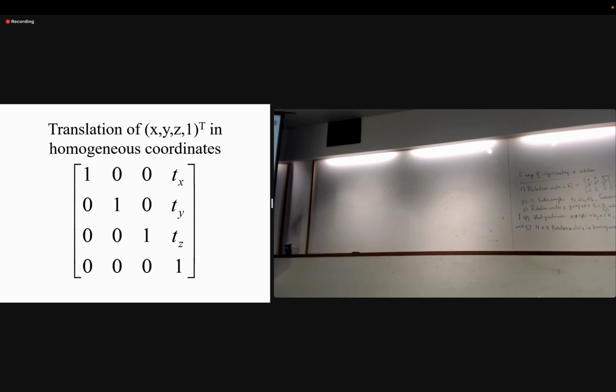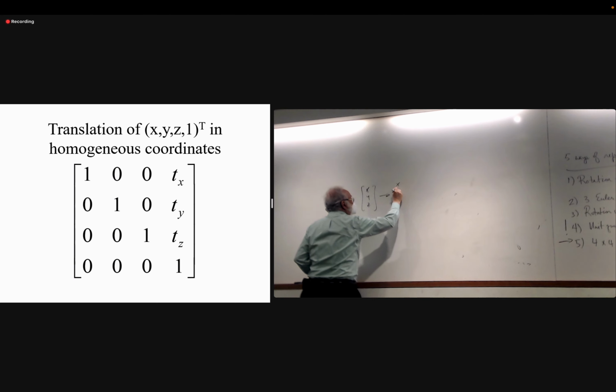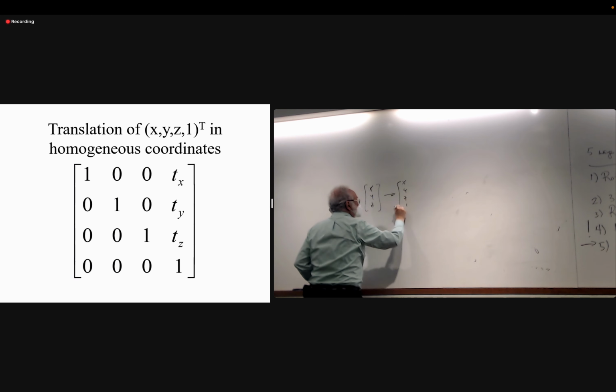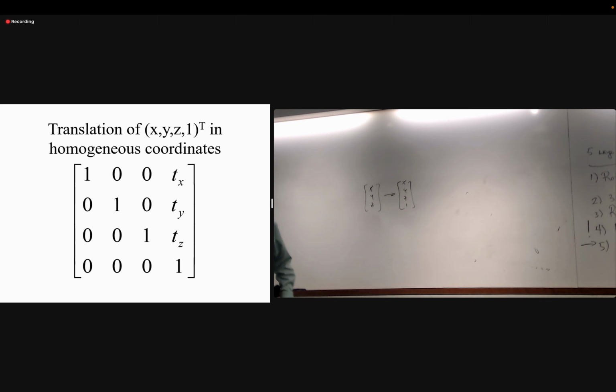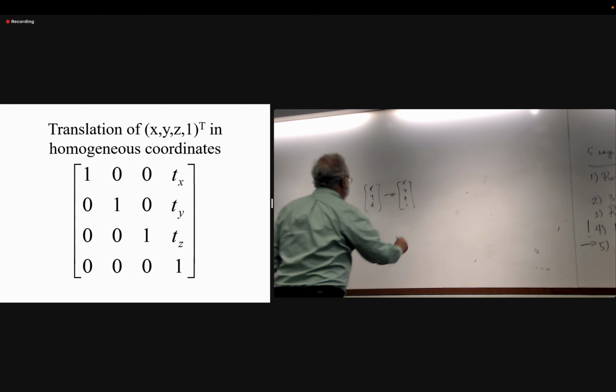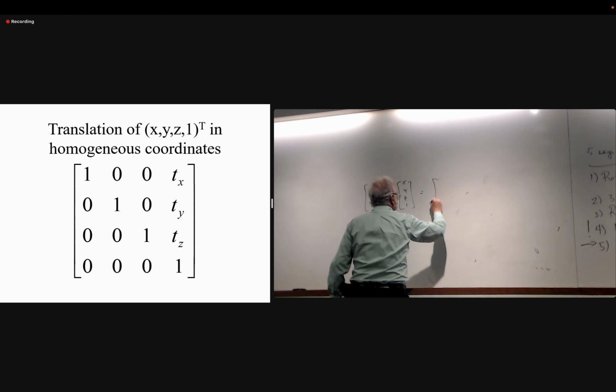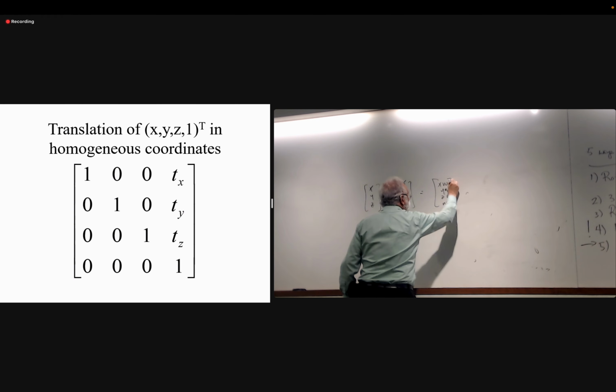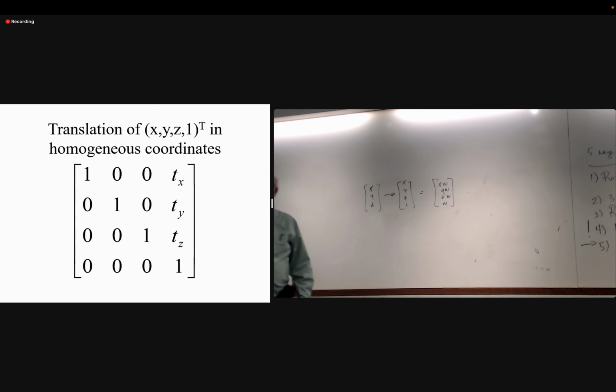Okay, so what we're going to do is if we have a vector x, y, z, we're going to think of it as that, or we're going to talk about those 2 vectors being the same.